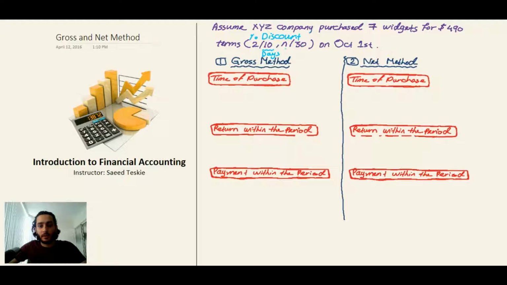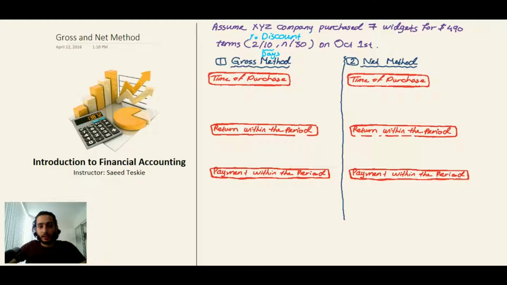And N30 means that the due date of this invoice will be after 30 days maximum. So we have to pay at any time from October 1st until the end of October. But again, if we paid within the first 10 days, we'll get 2% discount.